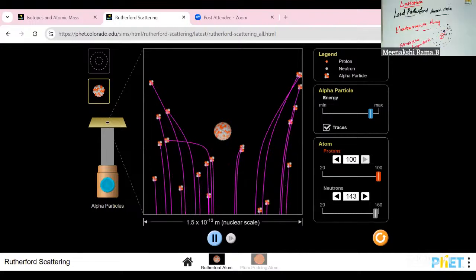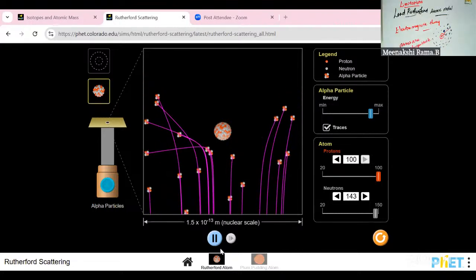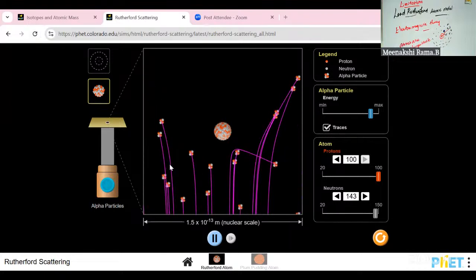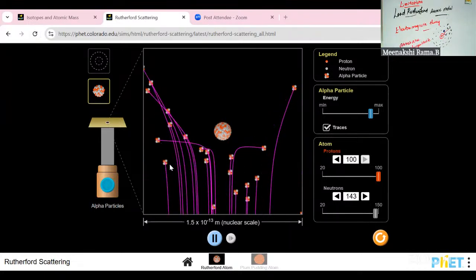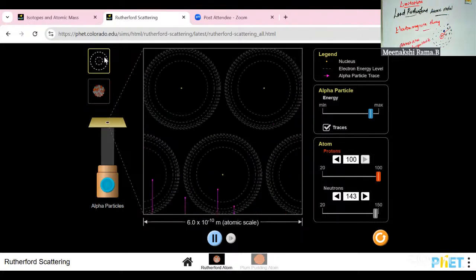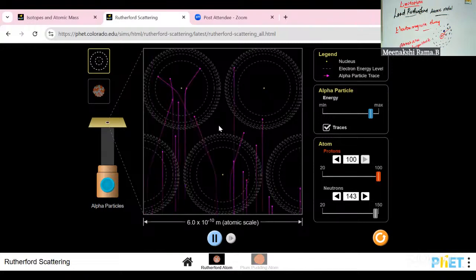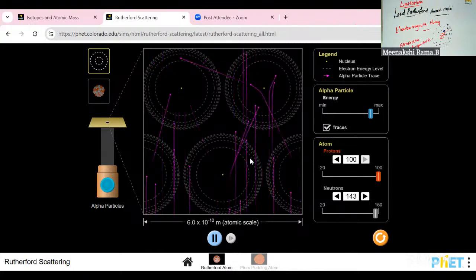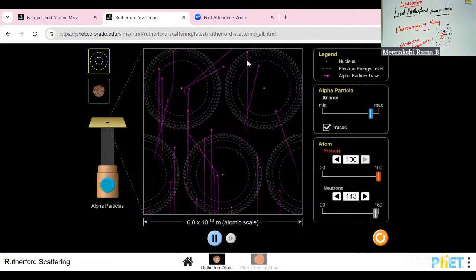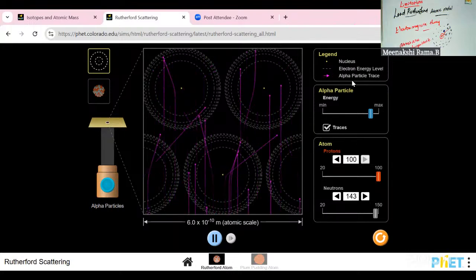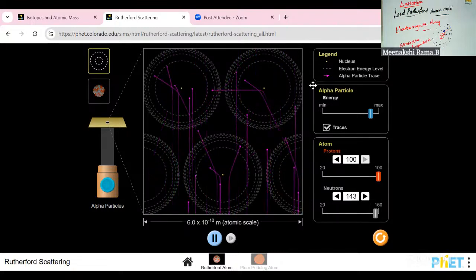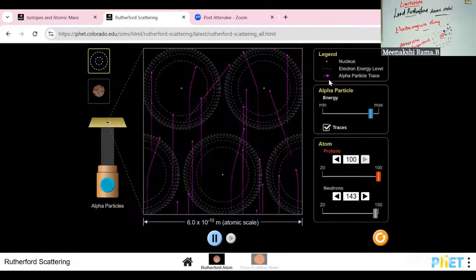Yes, students. Sorry. This is the model of Rutherford's atomic model. In this simulation, we get a lot of details about how the alpha particles are moving. In this place, the center part is the nucleus. This is the electron energy level. The alpha particle rays are pink in color.